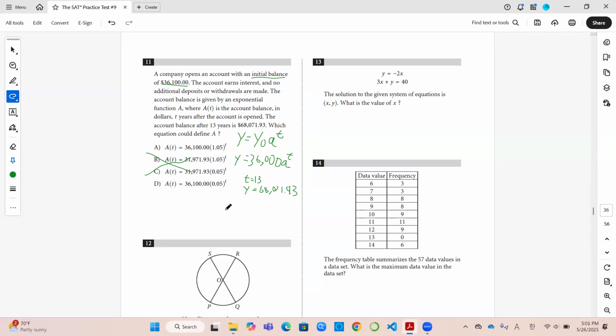I'll write this down here. 68,071.93 is equal to 36,100 and then a to the power of 13. So a to the power of 13 is equal to 68,071.93 divided by 36,100.